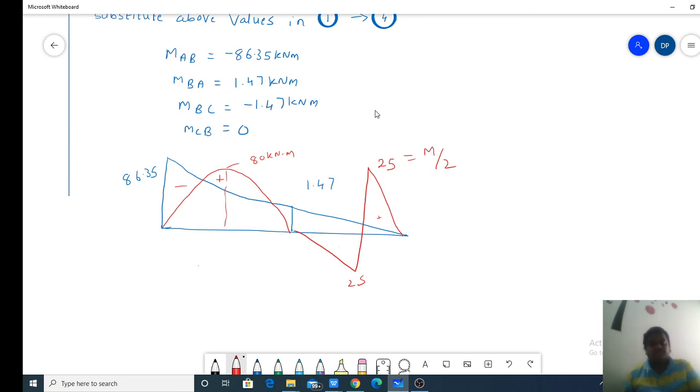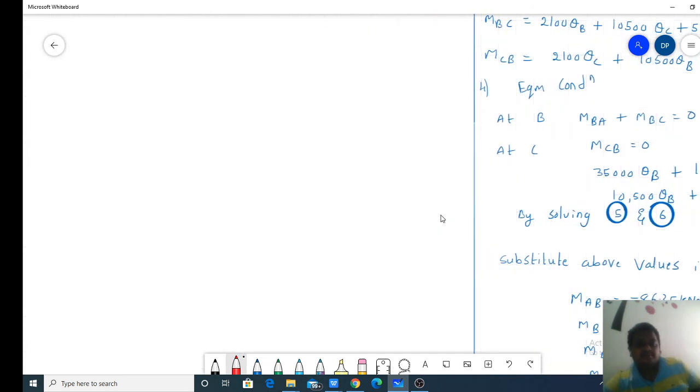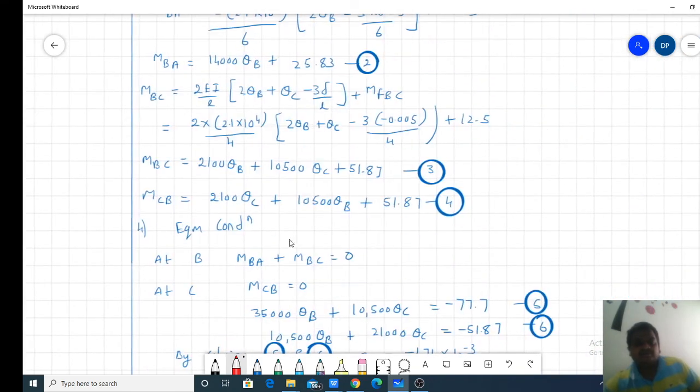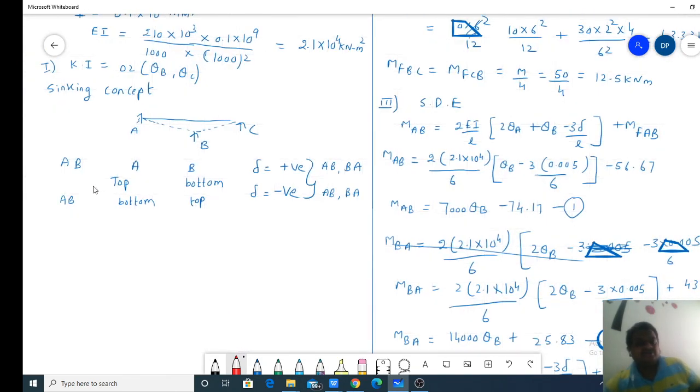Whenever sinking problems are considered, the main concept you need to remember is the sinking concept. For AB and BA, when A is to the top and B is to the bottom, then delta needs to be positive, and whenever I am solving the equations for MAB and MBA, this will be positive.